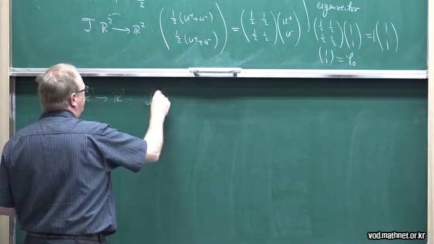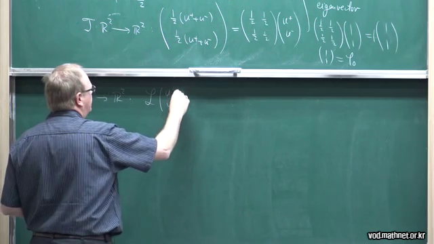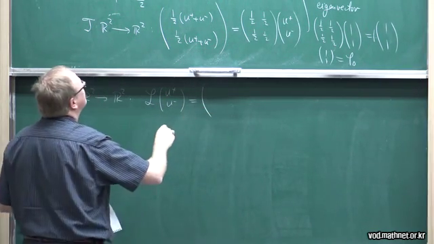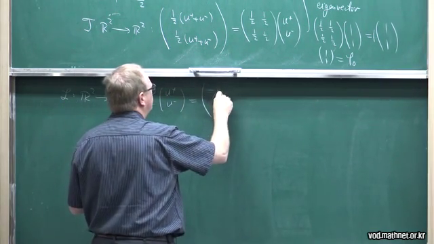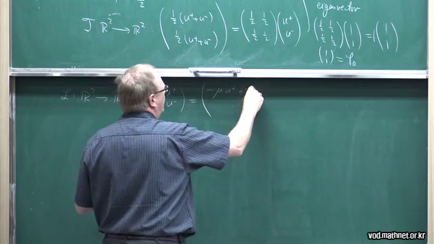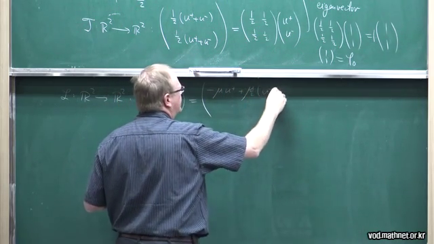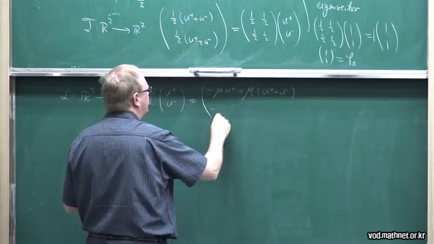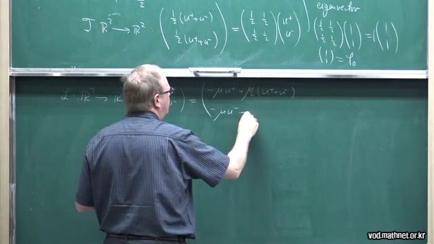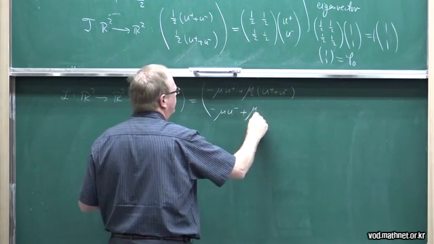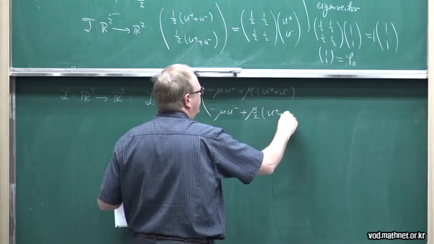And then L of (u plus, u minus) is the full right hand side. So it's minus mu u plus plus mu half (u plus plus u minus), and minus mu u minus plus mu half (u plus plus u minus).